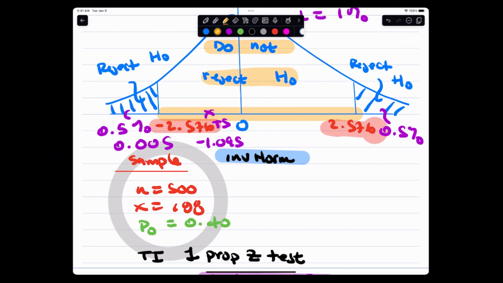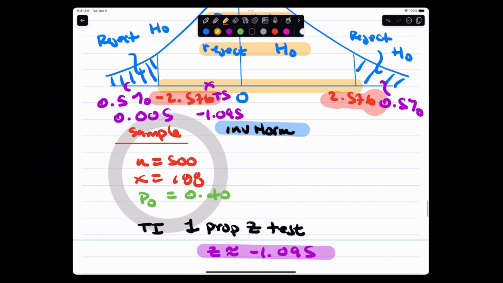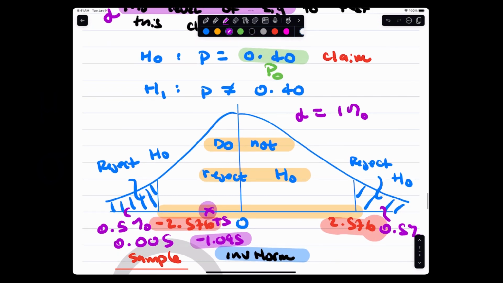Do not reject the null. You don't reject the null because your test statistic is between those two numbers. All right, you guys okay with that? Good lesson. Negative 1.095. Do not reject.